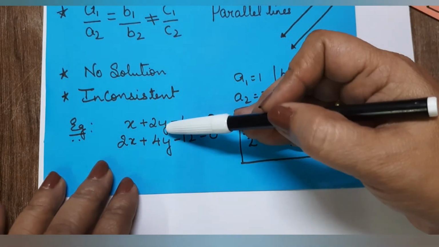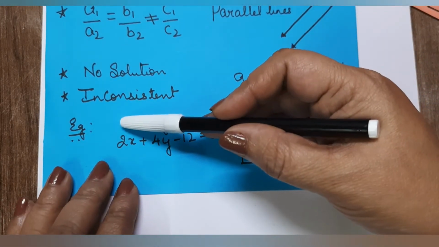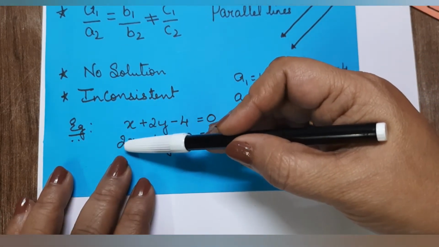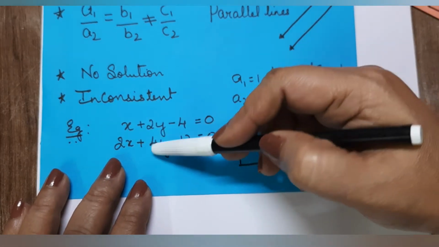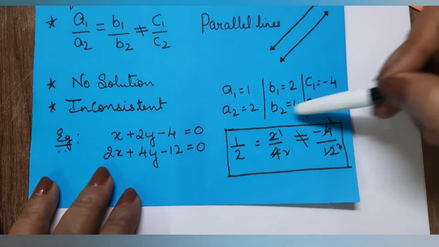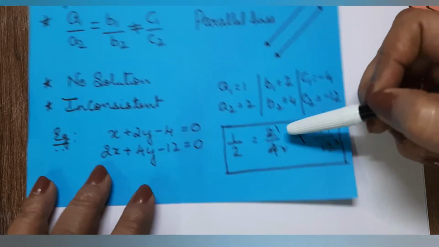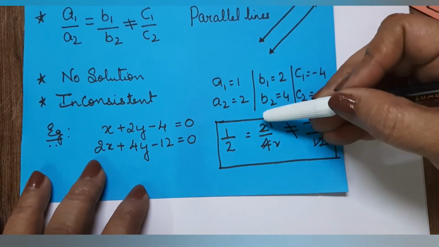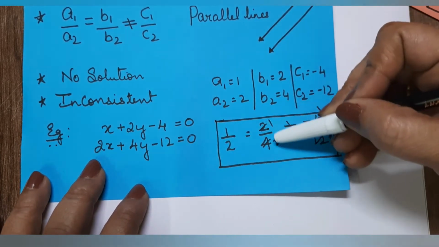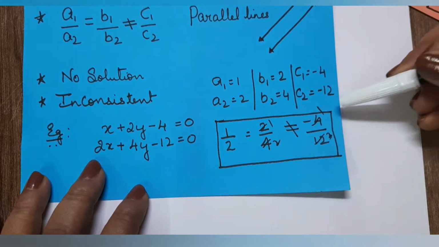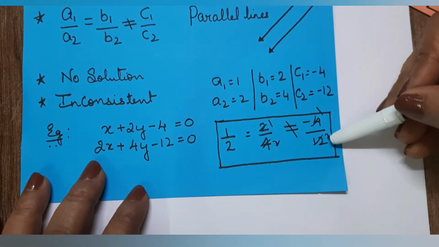Again an example taken here. a1, where nothing is there, means a1 will be 1, then a2 is 2. So a1 by a2 is equal to 2 by 4. I have just listed out the coefficients of the variables here. When cancelled, we get 1 by 2 equal to 1 by 2, but not equal to 4 by 12, which will be 1 by 3.